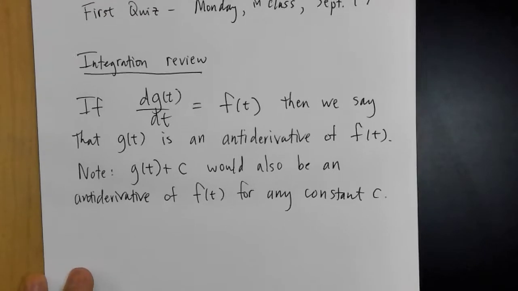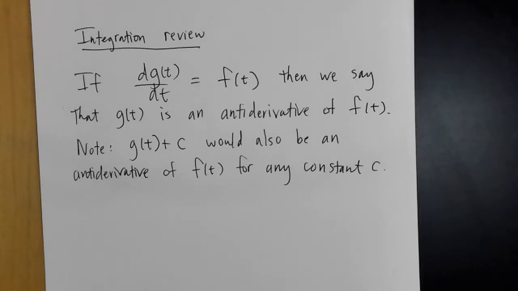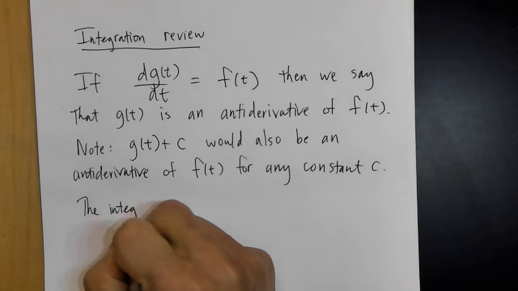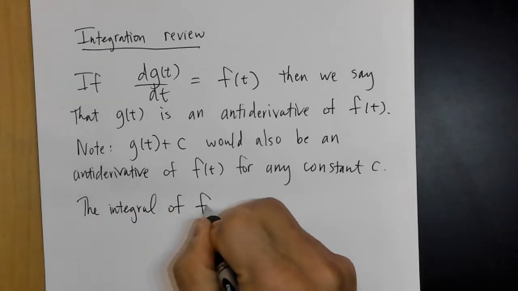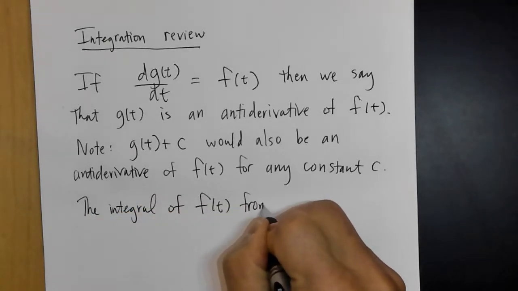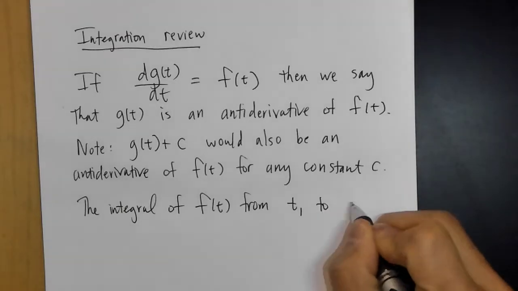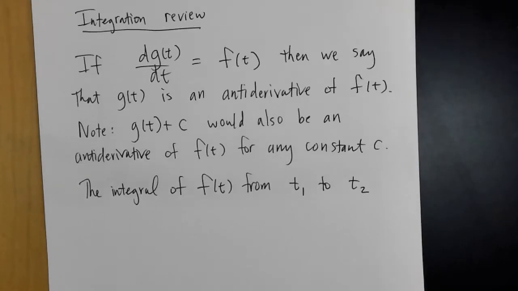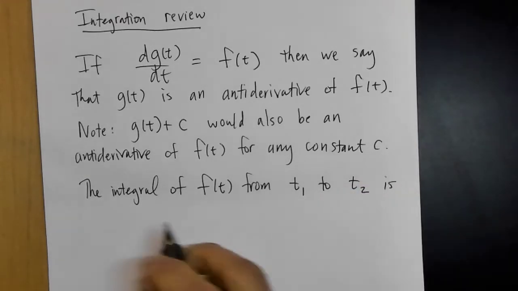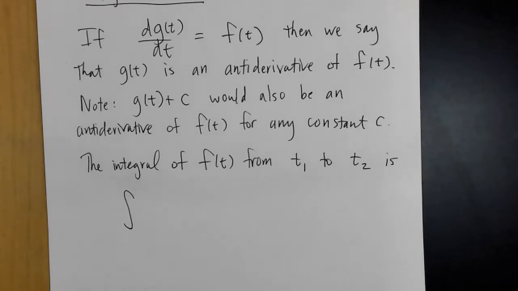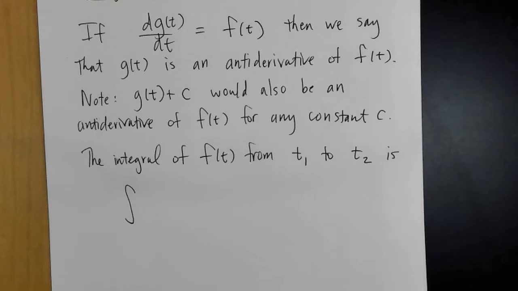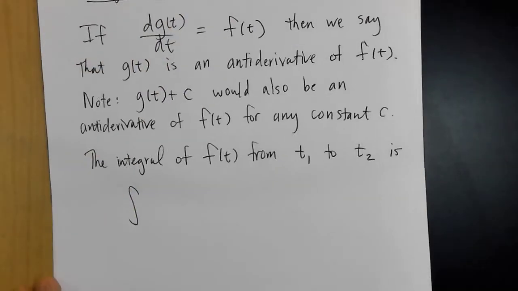All right, now we can define the integral of f. The integral of f of t from the starting point, let's say t1 to time t2, we use this symbol, the integral sign, which is basically just a summation, meaning the limit is you take little pieces of time intervals.